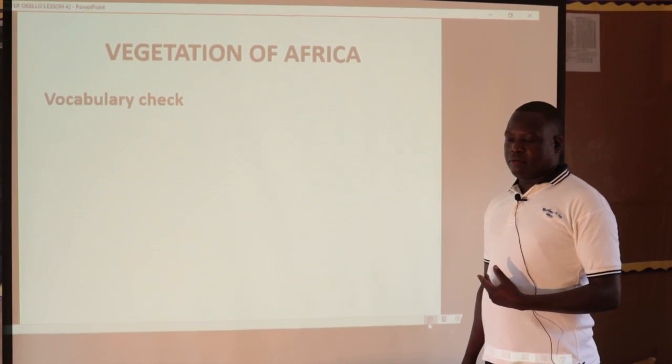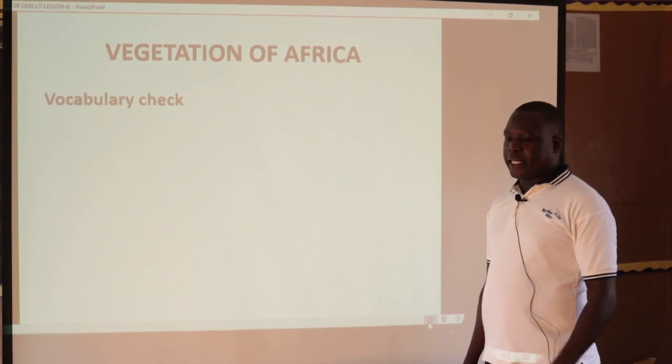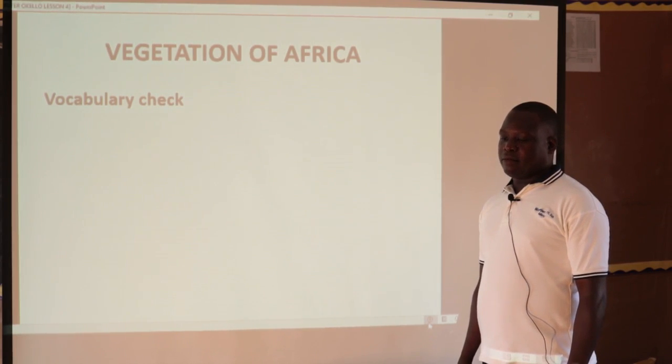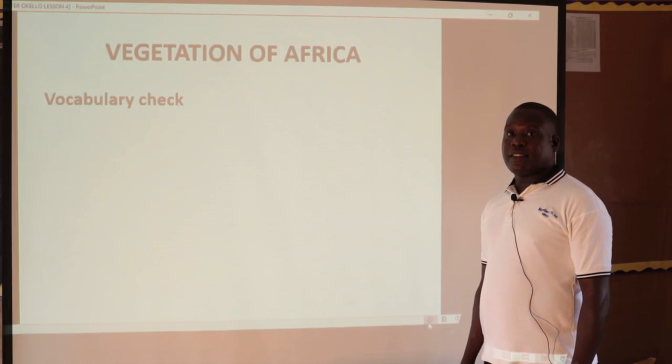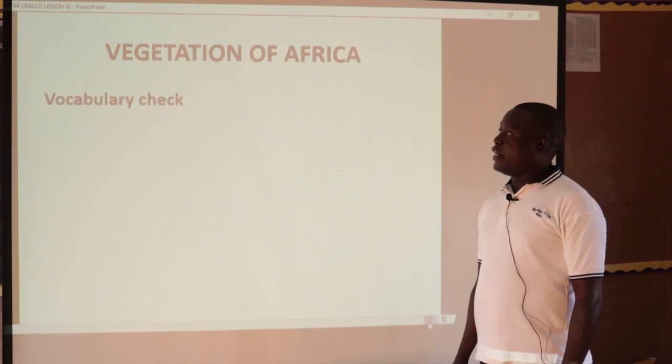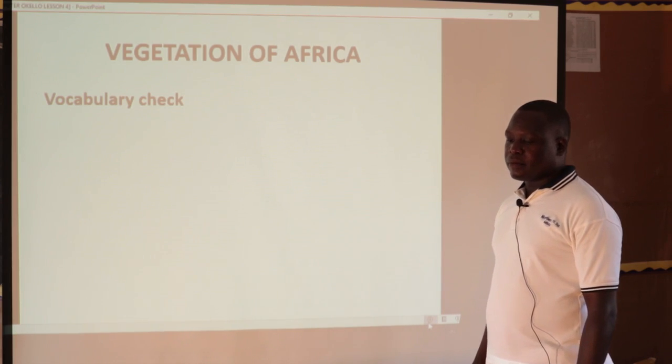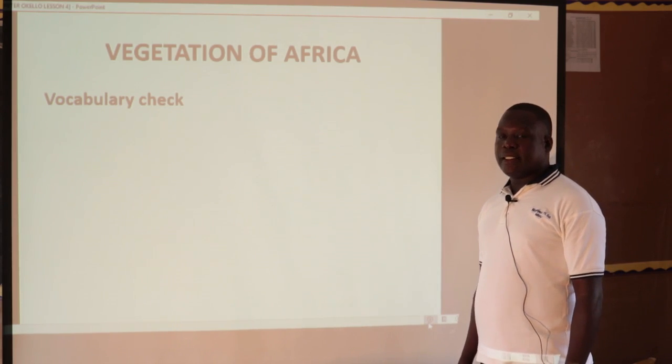Word 1 is Mediterranean. Mediterranean. Word 2, we have deciduous. Deciduous. Word 3, we have temperate. Temperate.